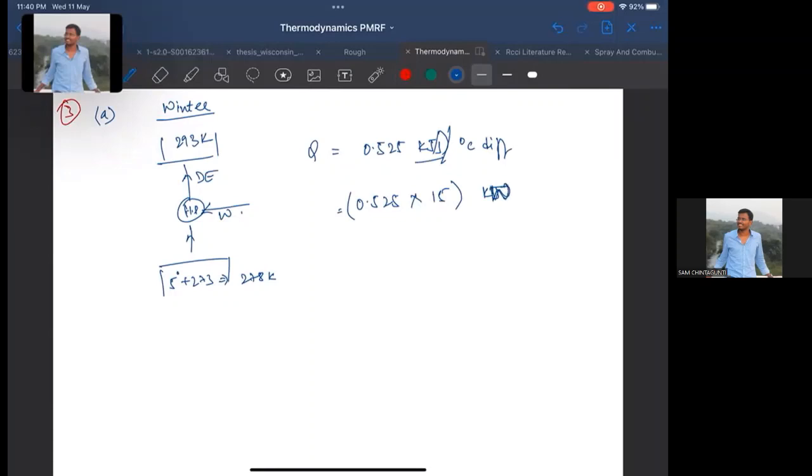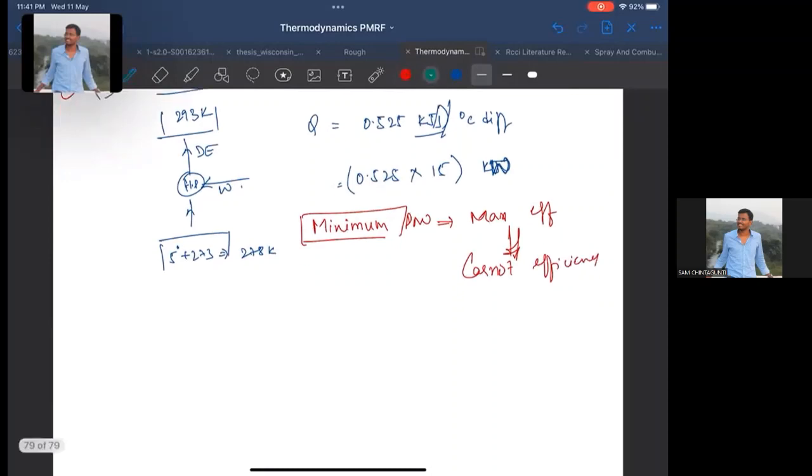What is the minimum power? So the word minimum is important because minimum power means maximum efficiency. This means Carnot efficiency. This is the keyword in this question.